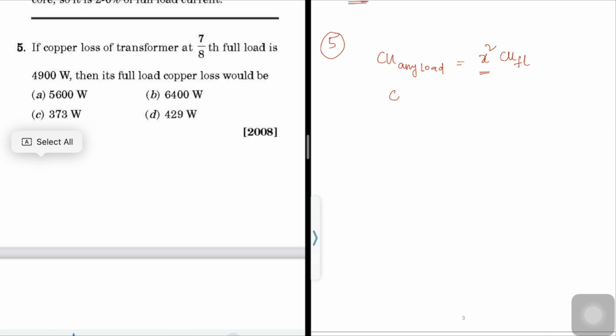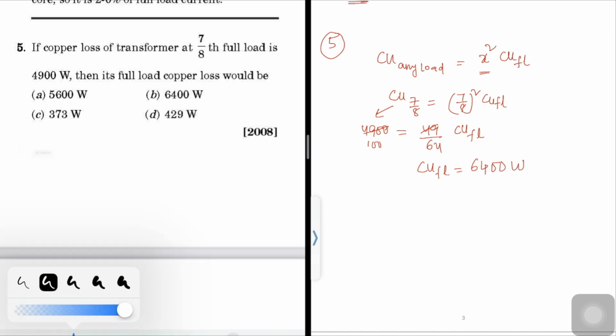Here it is given at 7 by 8th load, so (7/8) square into copper loss at full load equals 4900. So 49 by 64 into copper loss at full load, so copper loss at full load equals 6400 watt. So this is answer B.